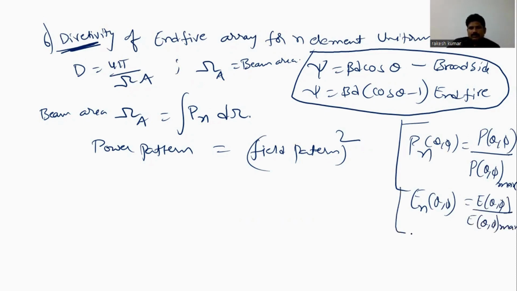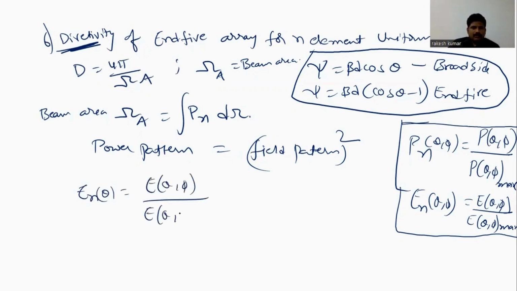Okay, so these are the formulas. So the power pattern is equal to the field pattern whole square. In this, n of theta is equal to e of theta comma phi by e of theta comma phi max. Okay, so what is the value of e of theta comma phi?